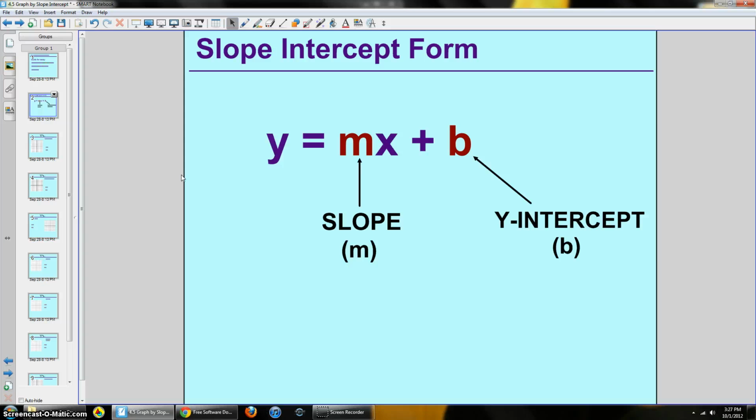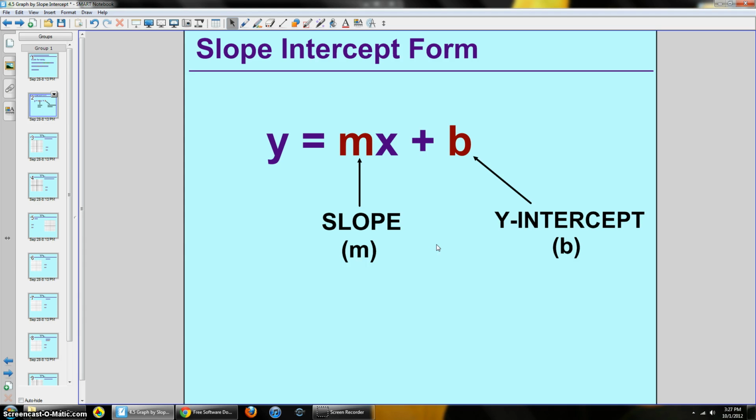If you look at this equation, it's basically got two terms. You've got it in function form, so y all by itself equals some number times x plus some letter or number added on, the part that is not multiplied by x. The slope of the function will always be the number that's multiplied by x.